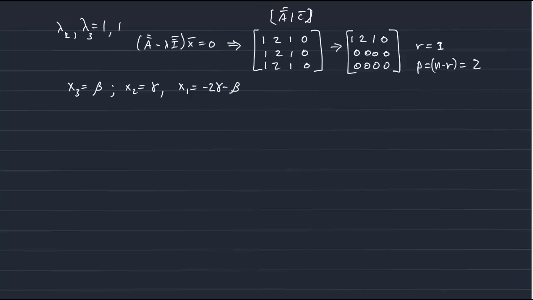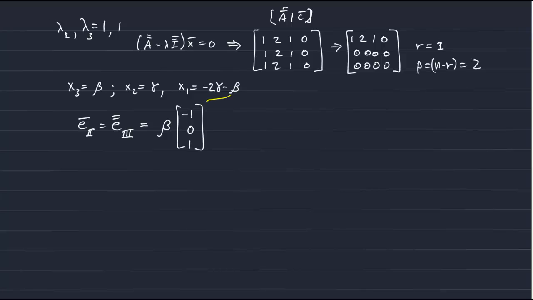And so the eigenvector for these eigenvalues is equal to beta times minus 1, 0, 1, right?